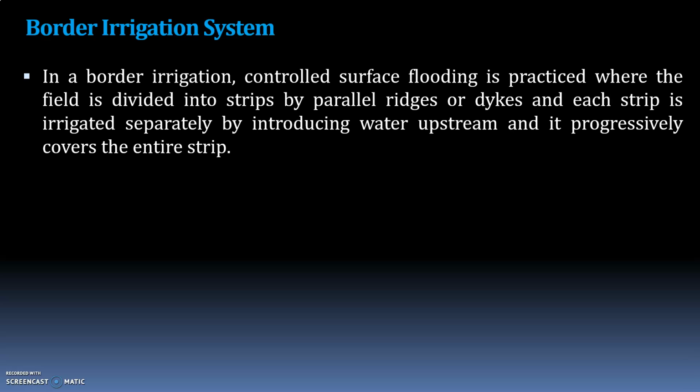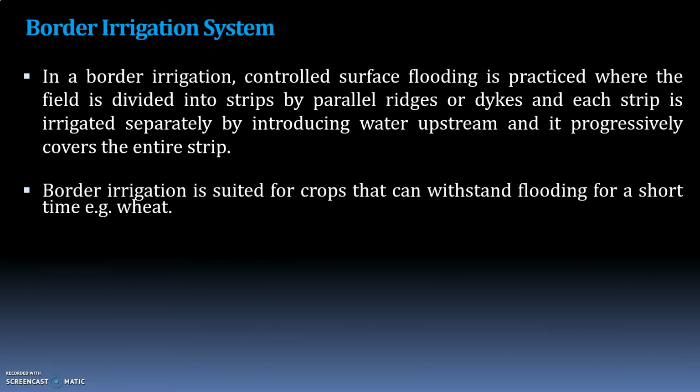Next we'll see what is the border irrigation system. In this system, controlled surface flooding is practiced where the field is divided into strips by parallel ridges or dikes, and each strip is irrigated separately by introducing water upstream, and it progressively covers the entire strip.